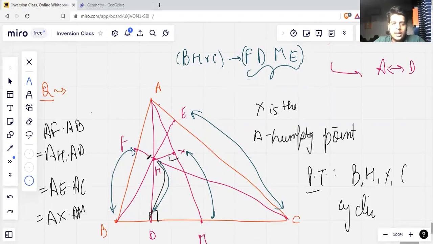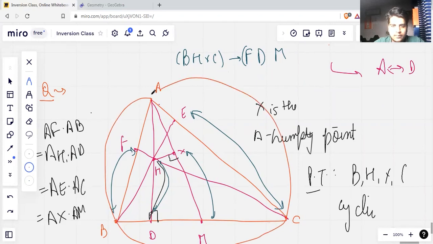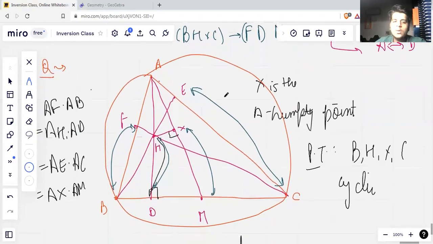Okay, irrelevant to the question which I gave, where does the circumcircle go? Notice that it should go to a circle because it's not passing through H. Oh, no, it should go to a line. Sorry, it should go to a line because the circle is passing through the center of inversion, which is A, right?